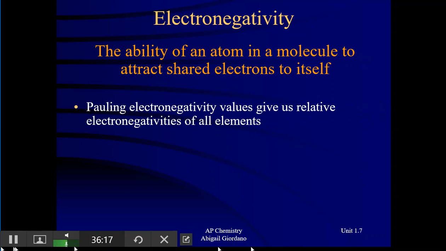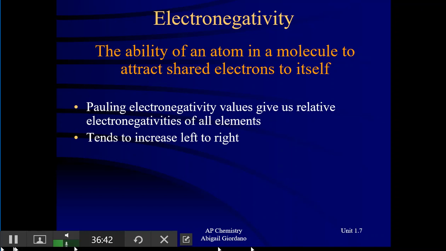And there are some electronegativity values which you don't need to know. They're called Pauling values, okay? And they're just how electronegative certain elements are or are not. And guys, guess what? It's the same trend. When you move from left to right, what happens to the effective nuclear charge?